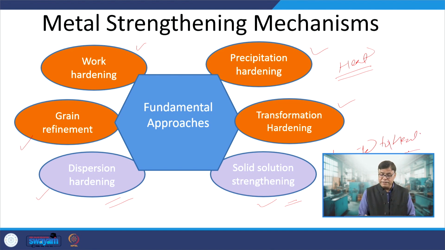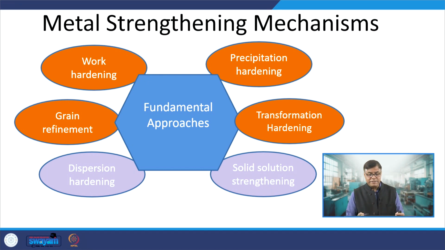So, when the metal is subjected to deformation, or when the metal is subjected to heat, how these mechanisms respond will in turn affect the strength and hardness. Work hardening mechanism is simply based on developing an increased number of dislocations.